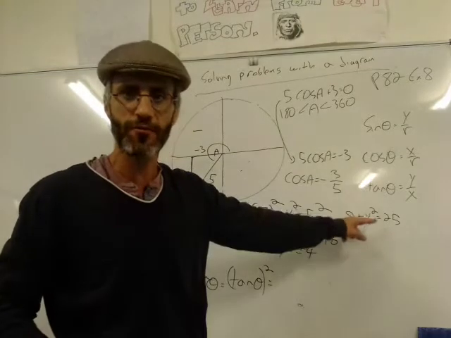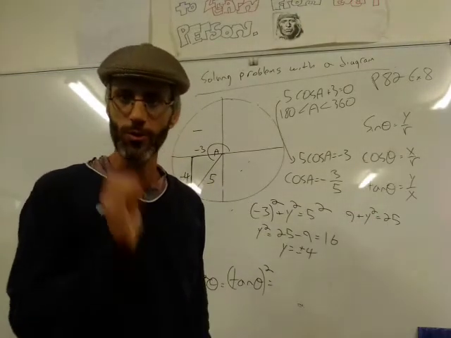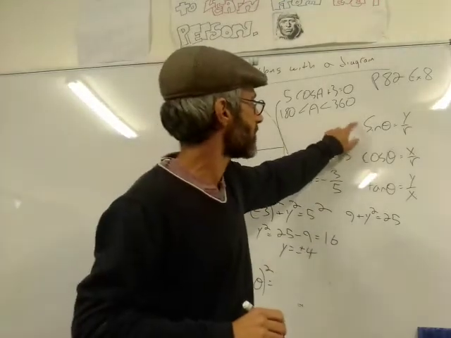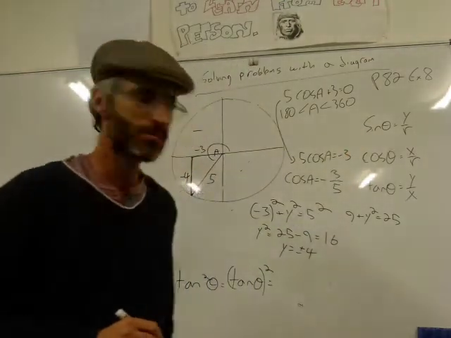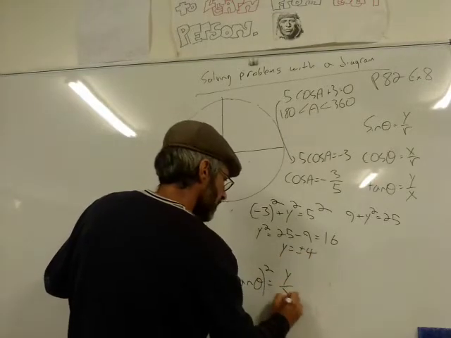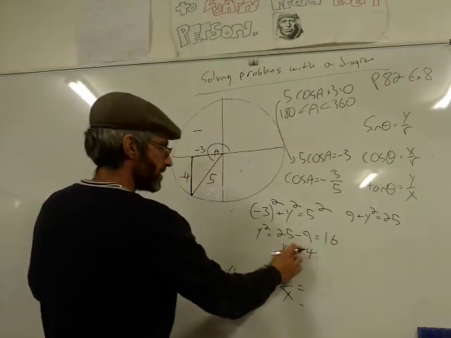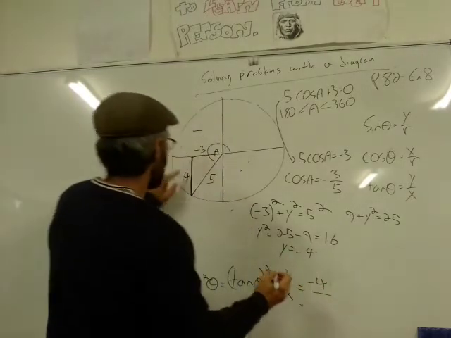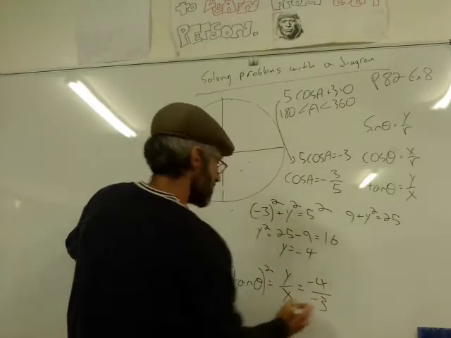Always have these in front of you. When you're solving problems in trig for the first year, maybe even for grade 11, always start by writing what sine, cosine, tan is. Very recommended. Tan is y over x. Okay? But now I know what y and what x is. Y we said is minus 4. X is minus 3. Okay?